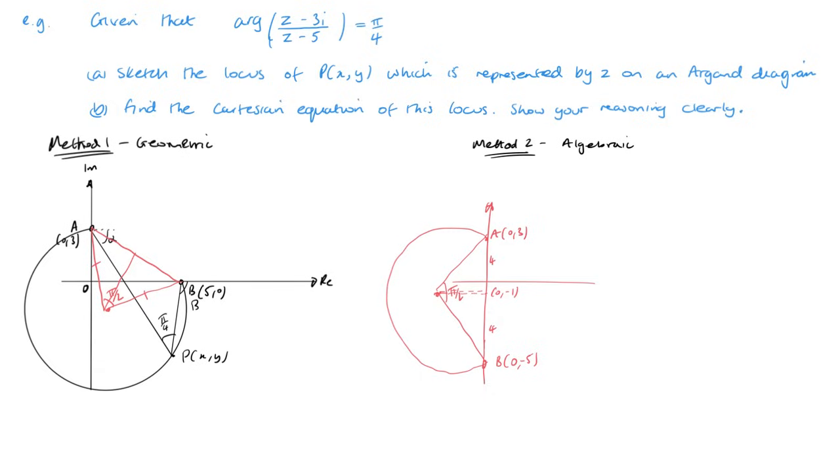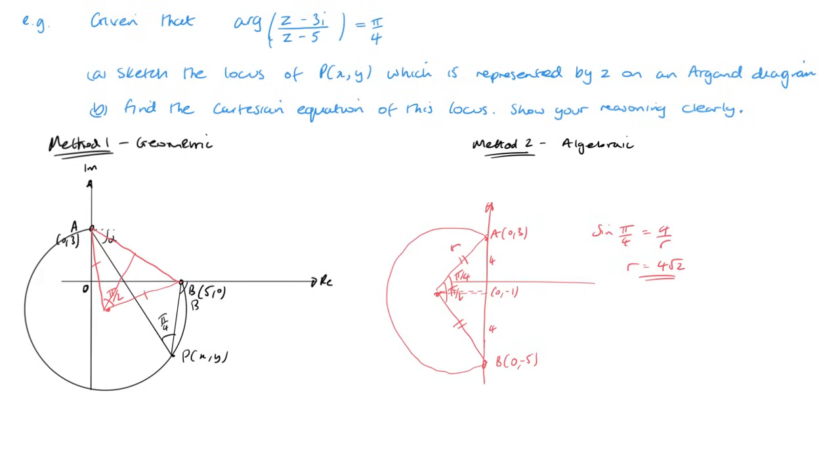And then we can use trigonometry. So sine of this small angle here will be pi by 4, because these two are radiuses. Call that r for the radius. So sine of pi by 4 is opposite, which is the 4, over the radius. So the radius is 4 over sine of pi by 4, which would mean that the radius would be 4 root 2 in this particular example I've got in red.